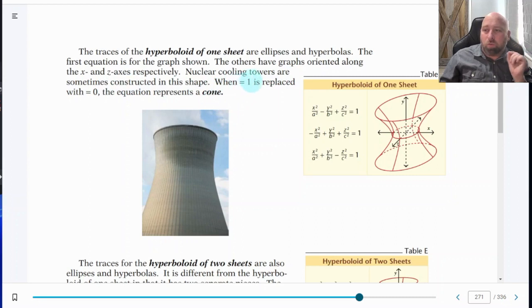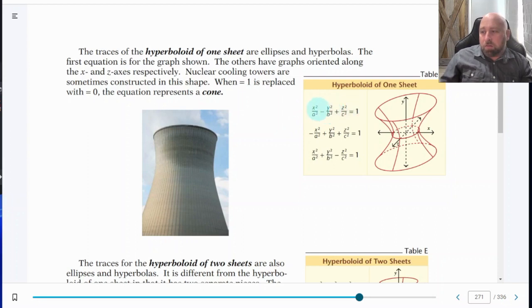Notice this: when the 1 is replaced with 0, the equations represent a cone. So just like the sphere was underneath of 1, the cone is going to be underneath of the hyperboloid of one sheet. All right, so here we go, and this should look somewhat familiar, except with the z term. We've had this before.